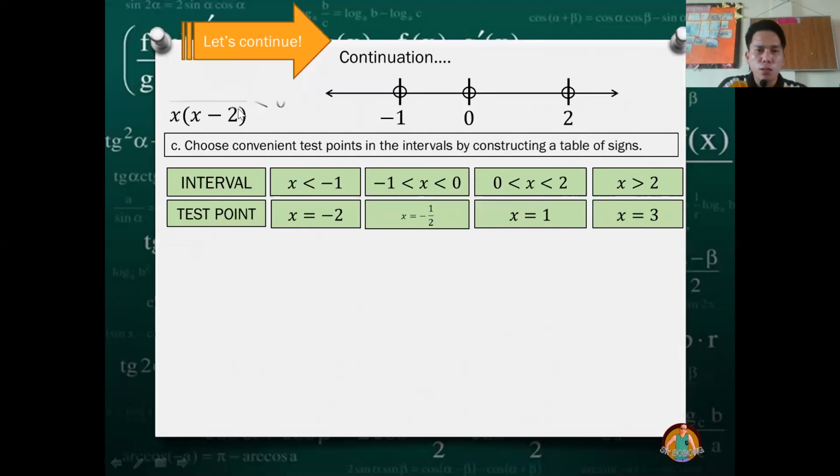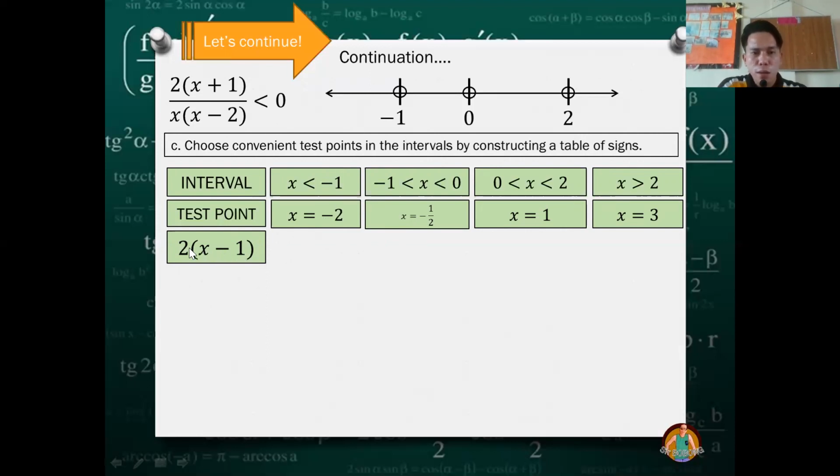Okay, so again, our last equation is 2 times x plus 1 over x times x minus 2 is less than 0. So, start muna tayo sa numerator. Okay, so x minus 1. So yung x papalitan ng negative 2. So negative 2 minus 1 will give us negative 3.